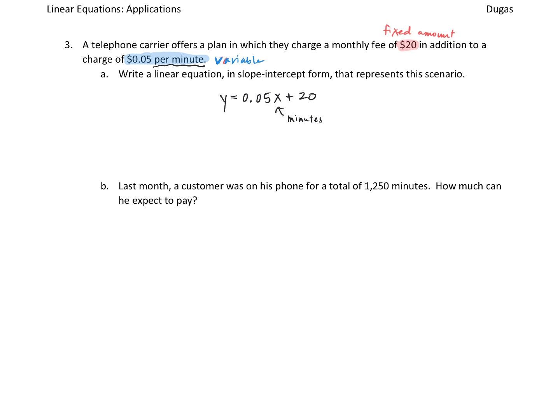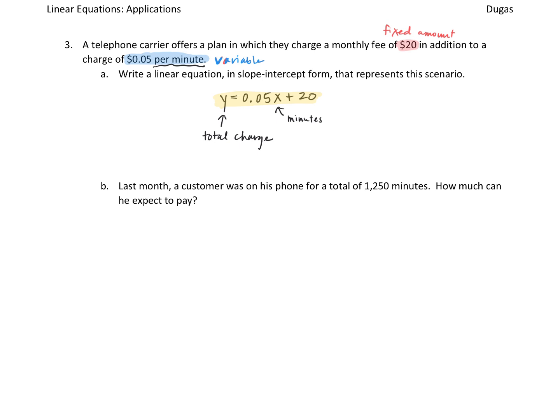So per minute means the X is the minutes. So then Y, if we plug in the number of minutes and we combine this stuff together, that's going to tell us how much they're going to actually pay. So this is going to be the total charge. All right, so we've got the answer to part A, but I just wanted to take a second to kind of talk out what the variables stand for.